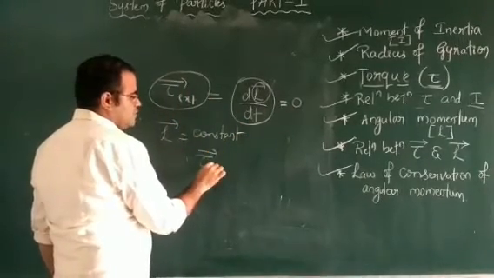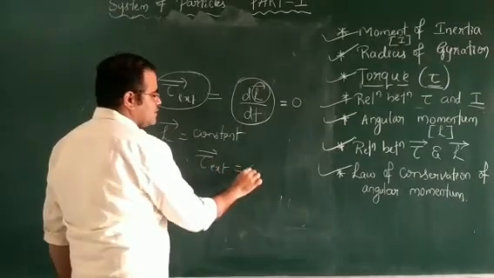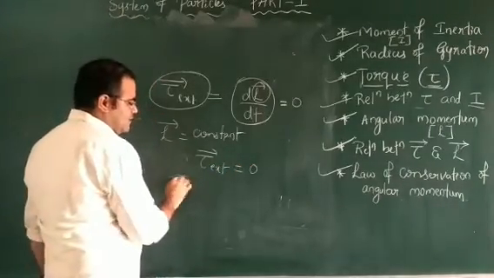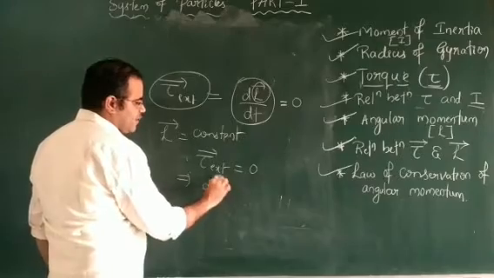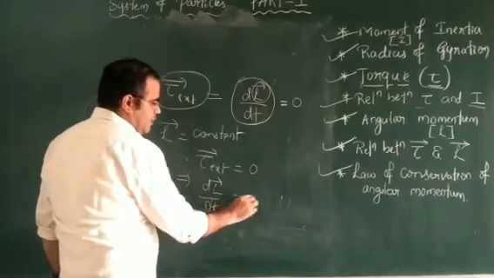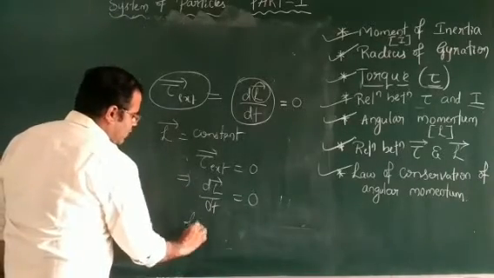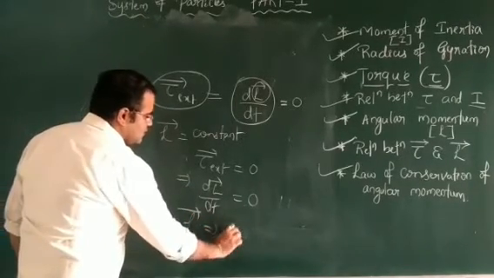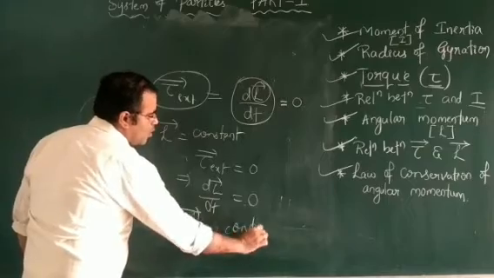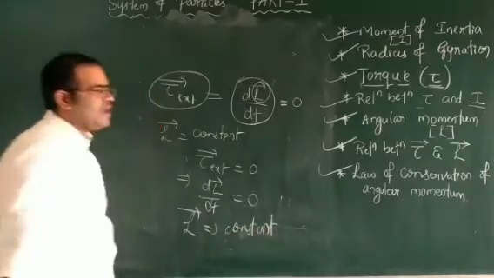If the external torque value is 0, this implies the differentiation, the vector dL divided by dt, is 0. When the differentiation is 0, the given value should be a constant. So this is the law of conservation of angular momentum.